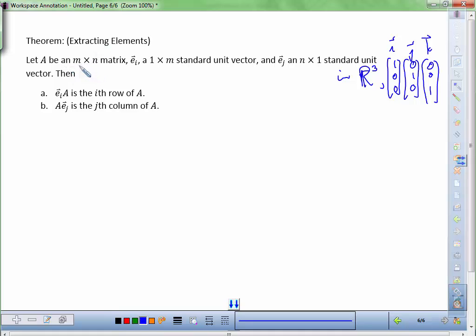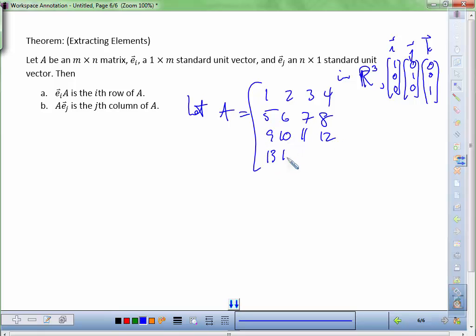Let's do a 4 by 5 matrix. Ooh, that's big. So let A equal 1, 2, 3, 4, 5, 6, 7, 8, 9, 10, 11, 12, 13, 14, 15, 16. Wait, this is a 4 by 4. I wanted a 4 by 5. Let's just add another number here: 17, 18, 19, 20. All right, so I have this matrix.